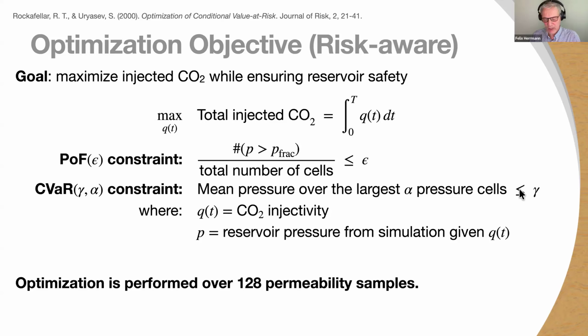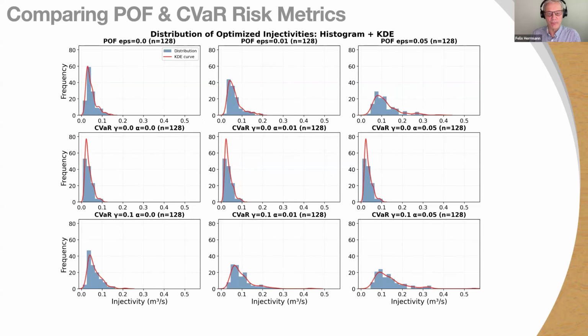You can control those. And we do this all over 128 permeability samples that are related to the samples of the ensemble. So then you can do histograms. On the horizontal axis, you have the injectivity, and the vertical axis, how often do you basically fracture? And so you can make these histograms and you can fit them with some KDE.